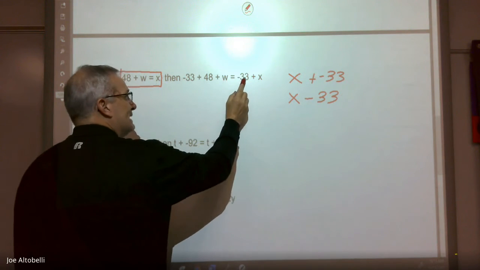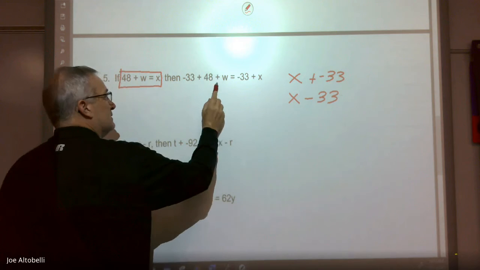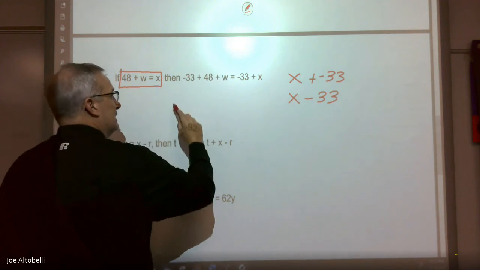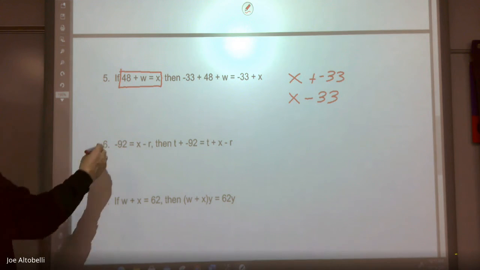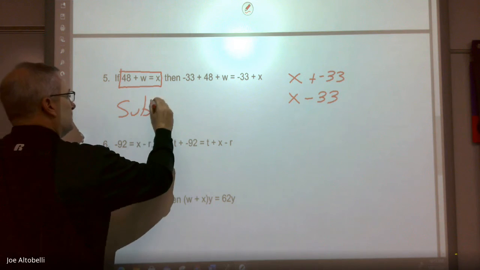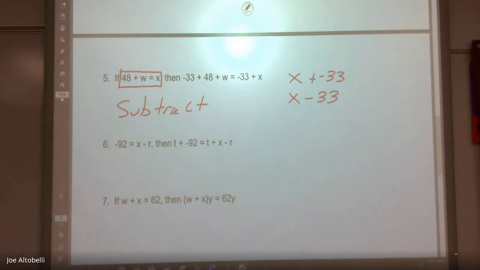So the key thing here is it's getting smaller. This is going to get smaller, and even though it looks like addition, it is subtraction because it's a negative number. Okay, so subtract. That one's a little harder, and you got to watch out for that one, but that is subtract because it's adding a negative to both sides, subtracting.